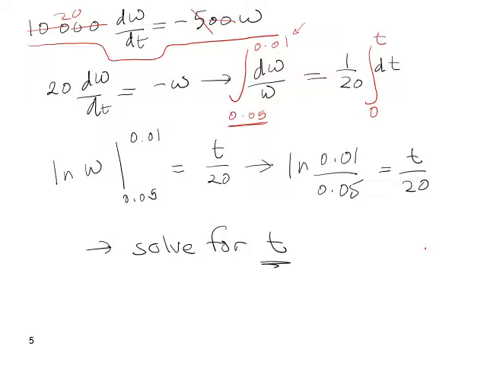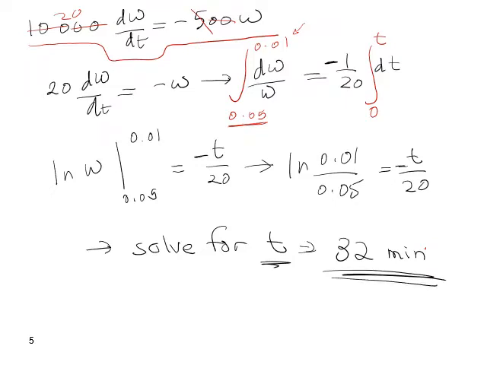Sorry, actually I forgot the negative sign. So there's a negative sign here, here, and here. And when you solve for t, you will get t is equal to around 32 minutes, I believe. So this is the solution.